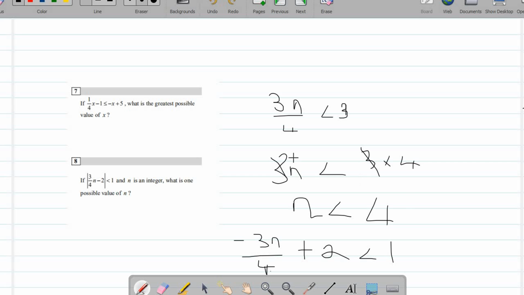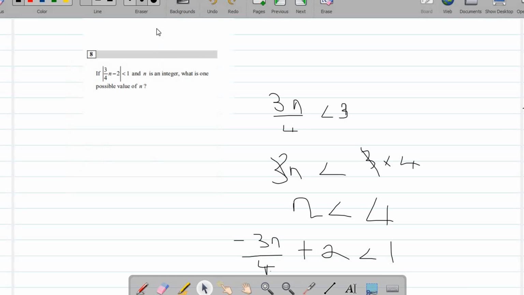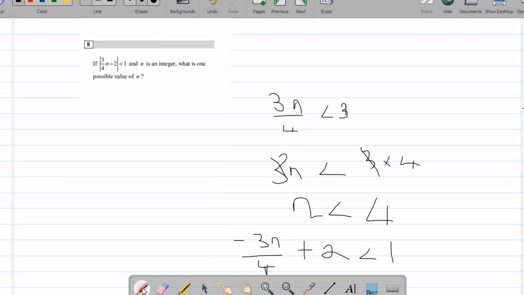I'm going to shift this over here and continue this way. So minus 3n over 4 plus 2 is less than 1. We're having minus 3n over 4. Move 2 to the other side, you have minus 1. It's less than minus 1 times 4, that's minus 4.